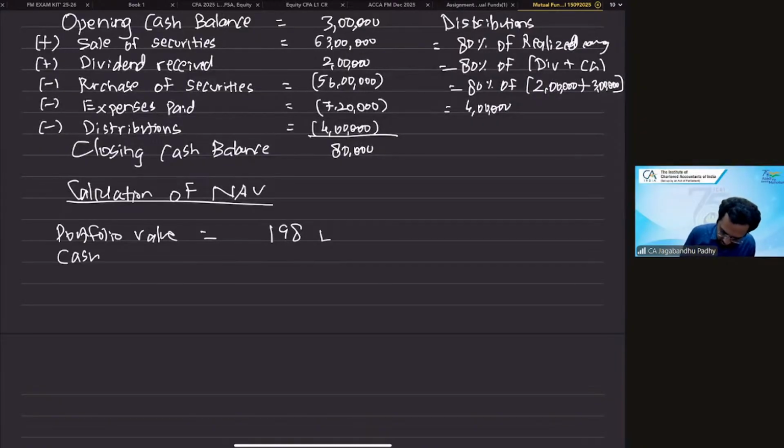Cash balance is 0.8 lakhs. Any other income which is receivable?